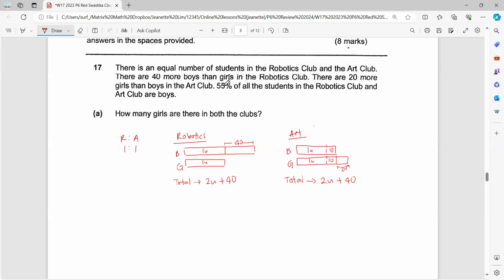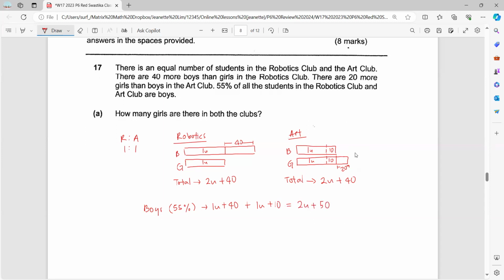All right, 55% of all the students in both clubs are boys. So let's find out what this number of boys is in terms of units. So boys for robotics plus art, which is the 55%. Robotics is 1U plus 40. Then we add the boys in the art club, 1U plus 10. This will give us 2U plus 50.